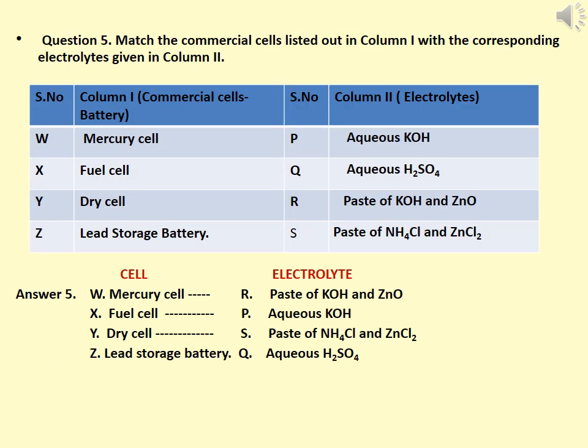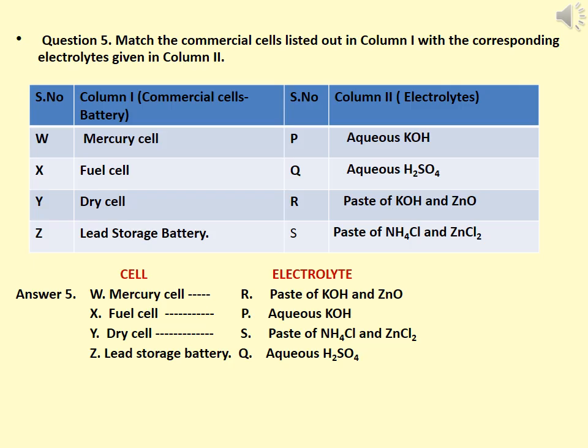Question number 5. Match the commercial cells listed out in column 1 with the corresponding electrolytes given in column 2. In column 1, W, X, Y, Z are the serial numbers of the cells given. W mercury cell, X fuel cell, Y dry cell, Z lead storage battery.